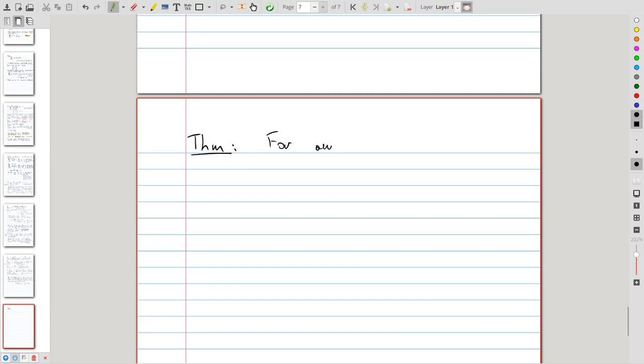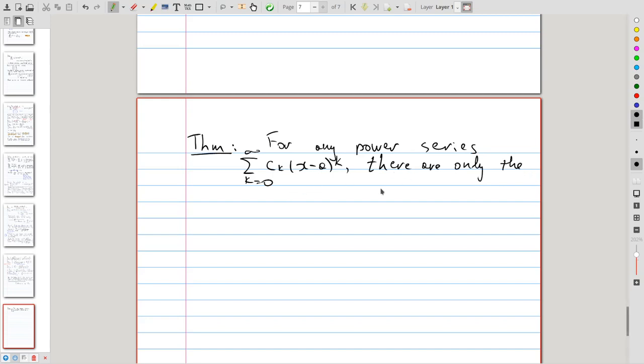For any power series, say of the form the sum of ck (x minus a) to the k from 0 to infinity, so that it's a power series centered at the point a with coefficients ck, there are only the following possibilities in terms of convergence.